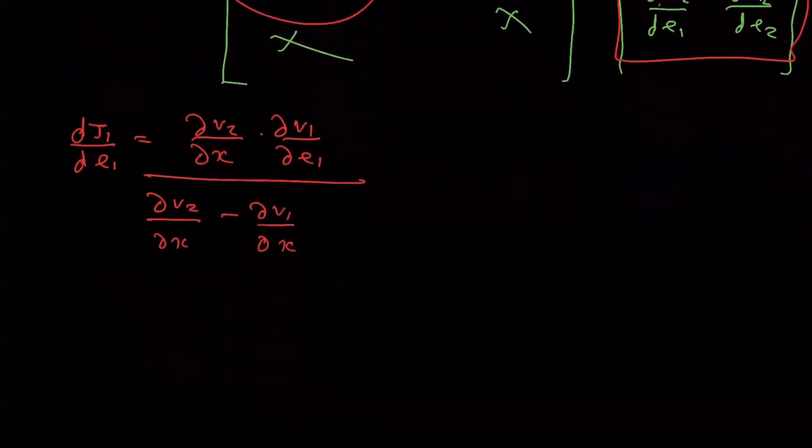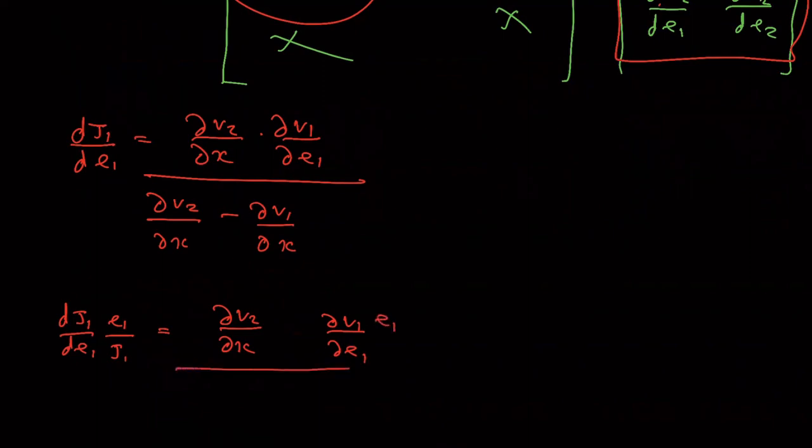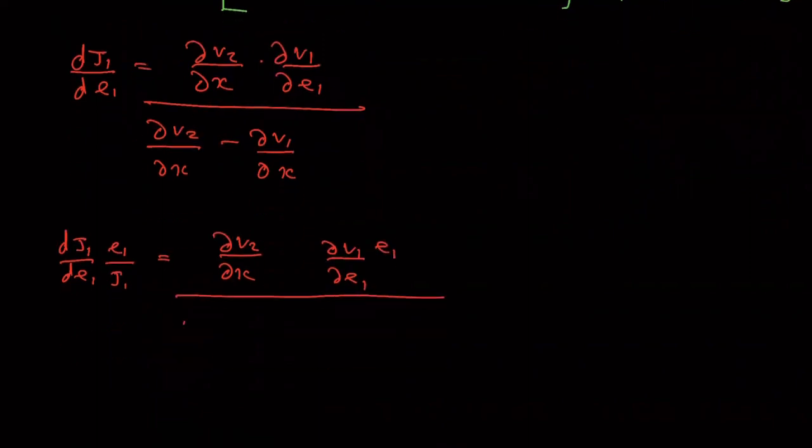So we really want to scale this, and what I want on the left-hand side is that. That's the scaled version of the left-hand side, and I need to do the same kind of scaling on the right-hand side. So let's separate these out a bit. The first thing is I multiply both sides by E1.